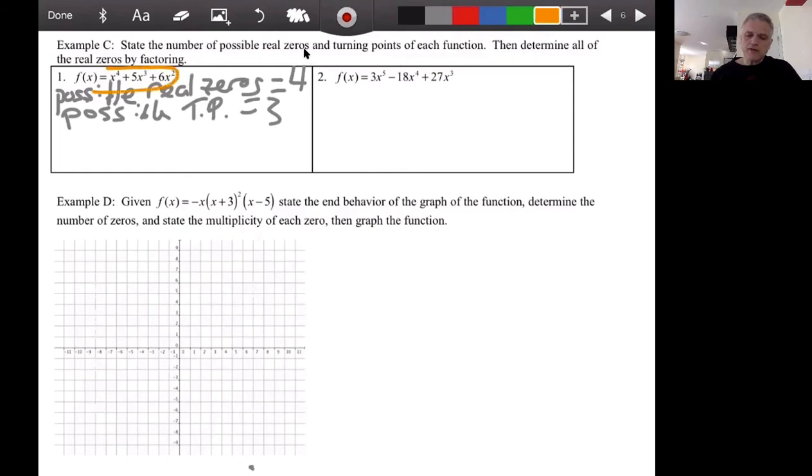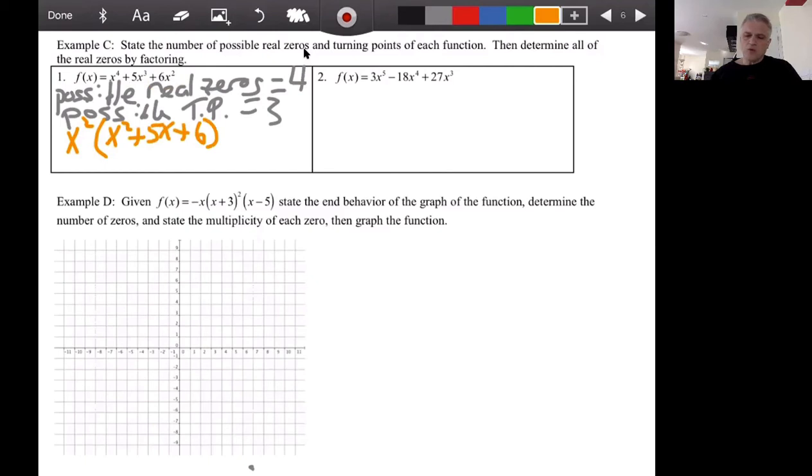Is there a GCF? Yeah, they all have x squared in them. So let's factor x squared out. So x to the 4th divided by x squared is x squared. Plus 5x cubed divided by x squared is plus 5x. And then plus 6x squared divided by x squared is just 6.